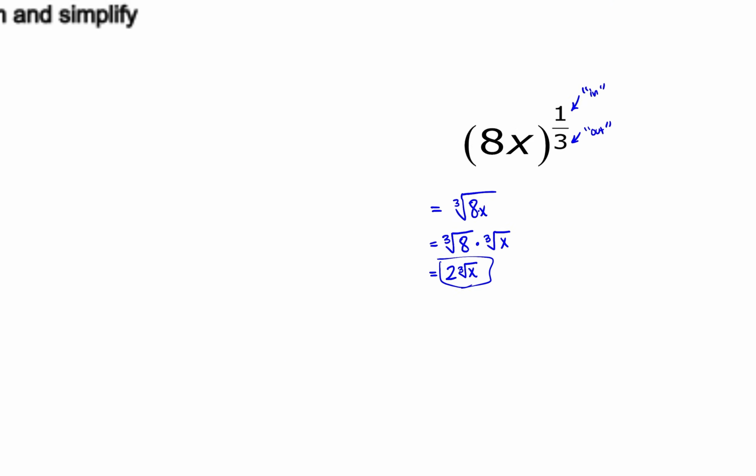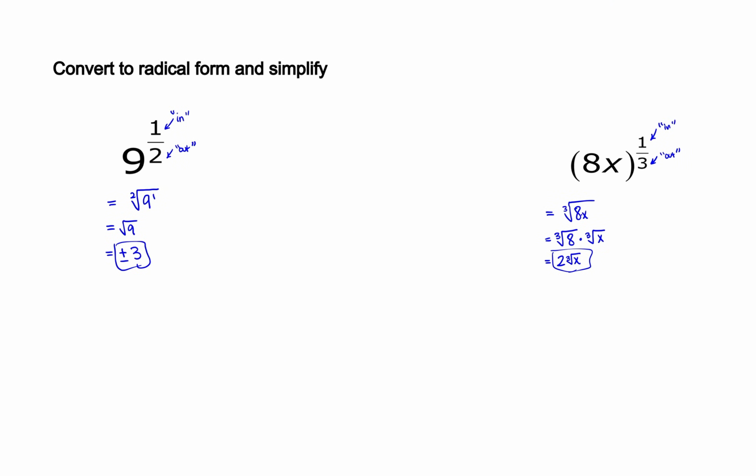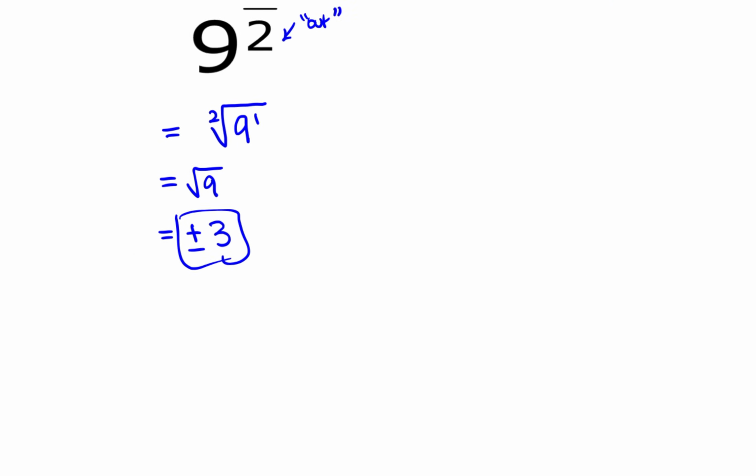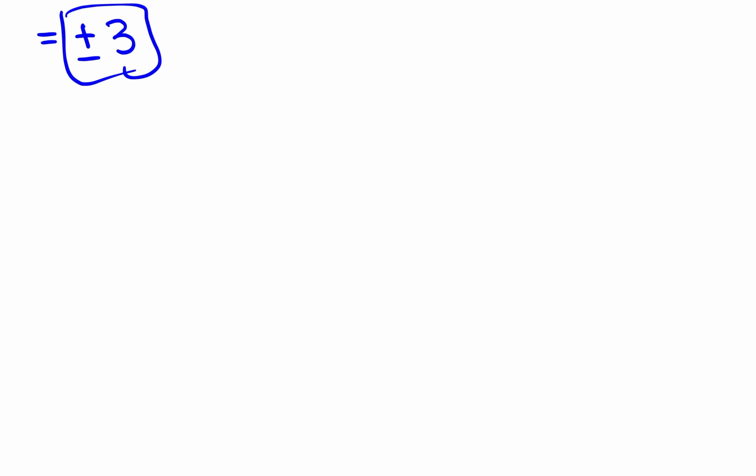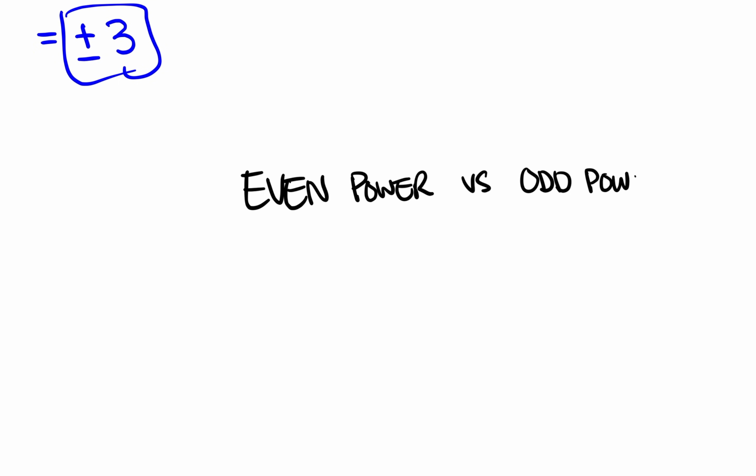Now, you might be asking, how come we don't put a plus or minus for this one and we put a plus or minus for this one? Well, keep in mind that if you have an even power, let me zoom in, compared to the odd power, if it's an even power, you have to write down plus or minus for the solutions.